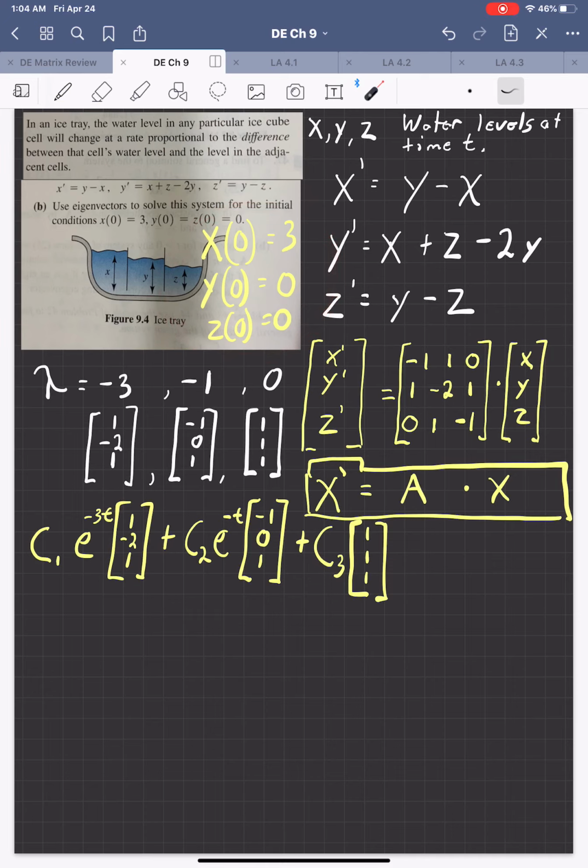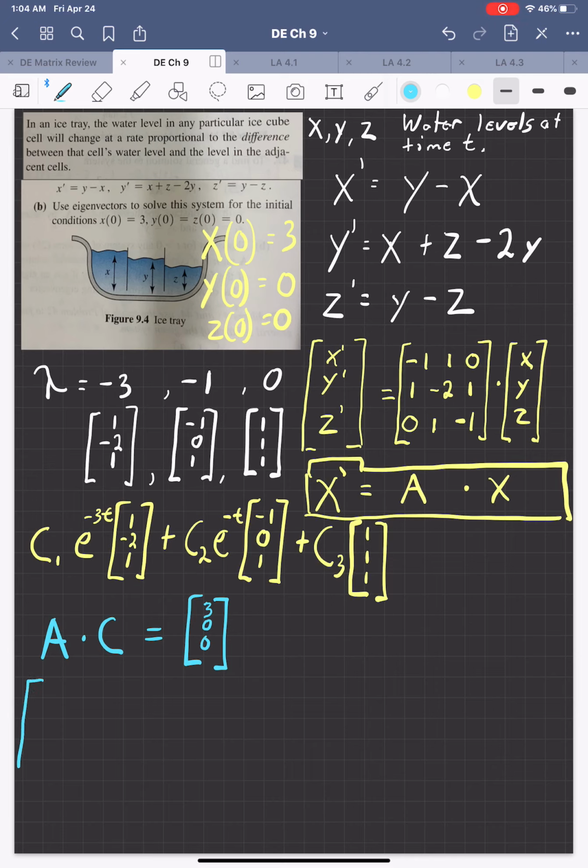The good news is, because they're letting t equal 0, let's set it up. It's going to be a matrix multiplied by c equal to this initial value, 3, 0, 0. The c is represented as c sub 1, c sub 2, c sub 3.